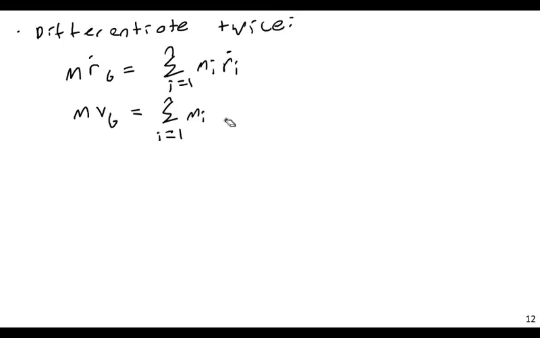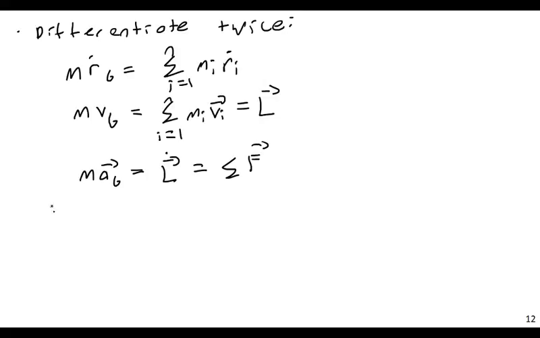And I know from earlier that this is equal to the linear momentum. And if I take the derivative of this, I can get that m ag is equal to L dot, the rate of change in momentum, which is equal to simply the summation of forces.